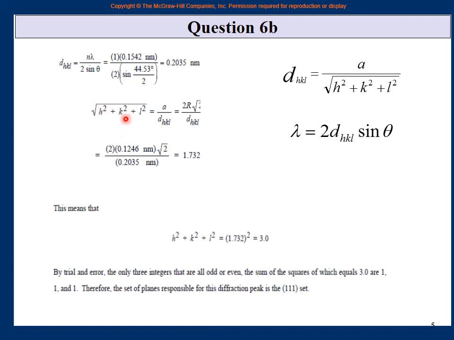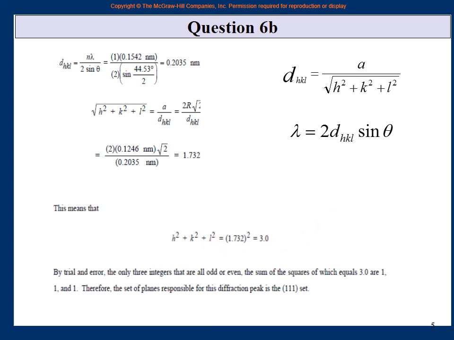So root of h squared plus k squared plus l squared is 1.732, right? If you square this number, it is roughly 3. So h squared plus k squared plus l squared is roughly 3.